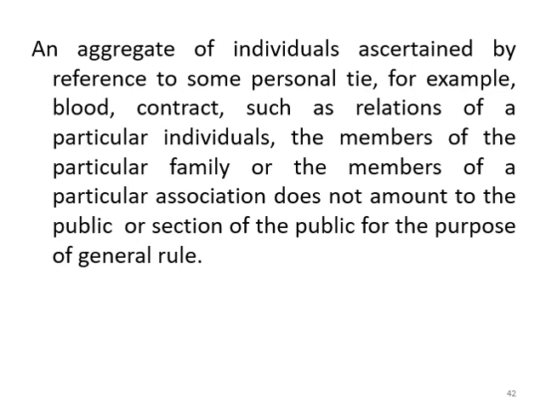Because of that, now we must identify this. When you say that it is for the benefit of the public, there should not be any connection between the author of the trust and the beneficiary. If the author of the trust and the beneficiary are connected by way of personal ties, some blood or contract or relationship or members of a particular whatever it is, then it does not amount to the public or general public for the purpose of creation of a charitable trust.